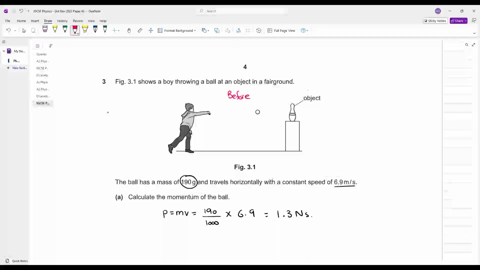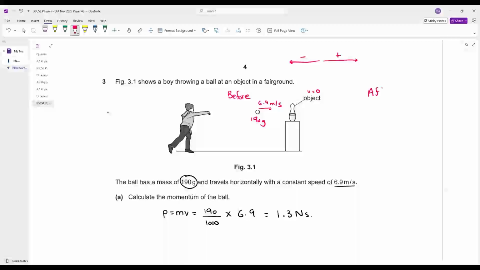Before collision, the object is stationary at a velocity of 0. This ball of mass 190 grams is traveling towards the right with a speed of 6.9 meters per second. This is your scenario before collision. Let's also assume that the vectors towards the right are considered positive, the vectors towards the left are considered negative.